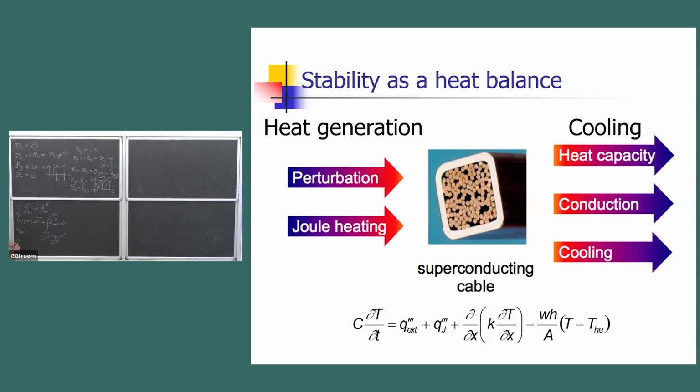So this is the difference of the volumetric enthalpy at the current sharing temperature minus the enthalpy at the operating temperature. Okay? The difference in enthalpy is equal to what we call the stability margin or energy margin. So to know how much heat reserve I have to absorb, I only need to do the balance of the enthalpy between my operating condition and the current sharing. So how much is that?